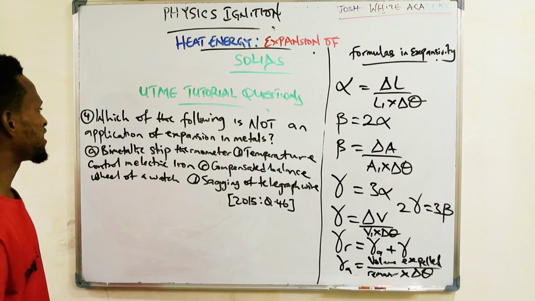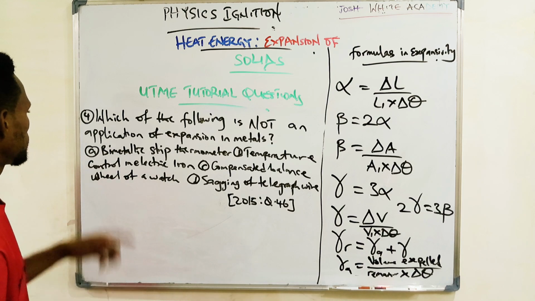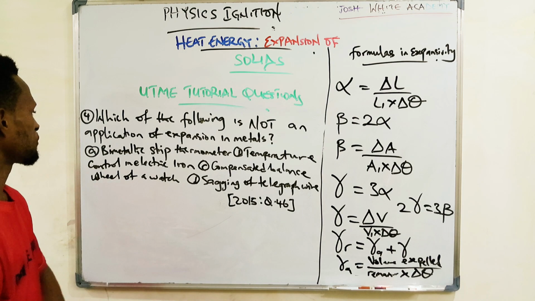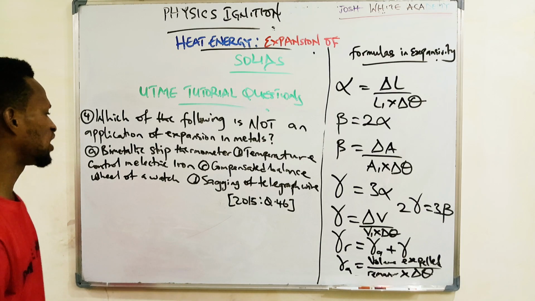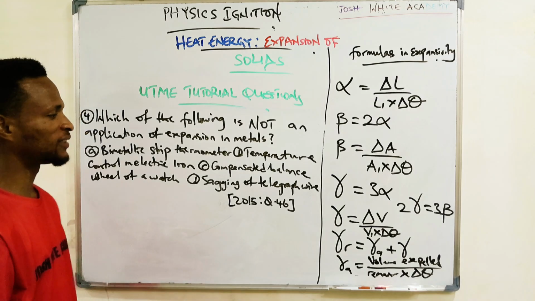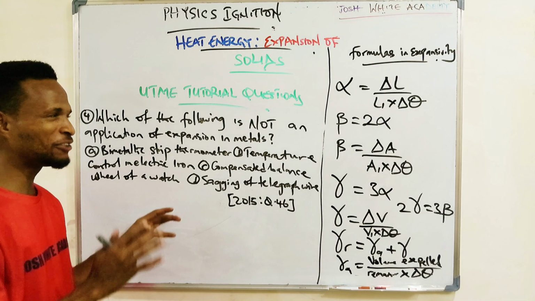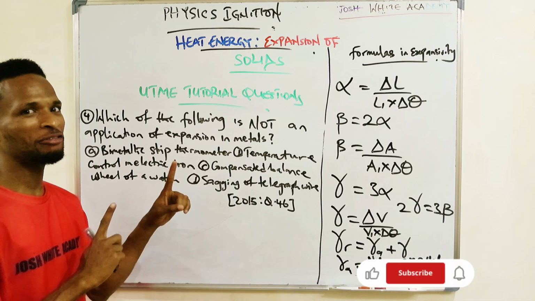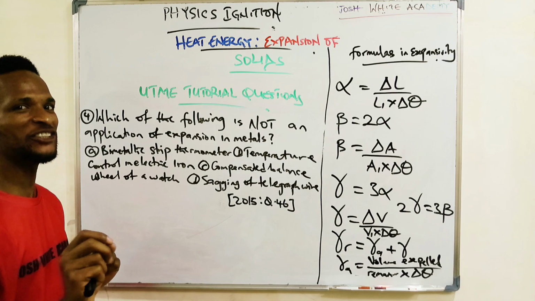To the next question. Which of the following is not an application of expansion in metals? The metallic strip thermometer, temperature control in electric iron, compensated balance wheel of the watch, and sagging of telegraph wire. So remember, in our class, there is a difference between the effect of expansion and the application of expansion.